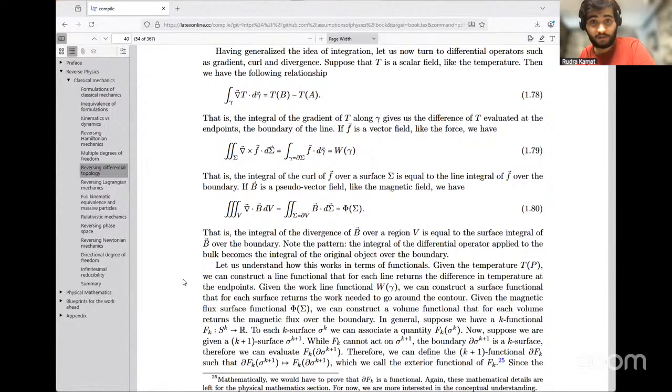That is, the integral of the divergence of B over region V is equal to the surface integral of B over the boundary. Note the pattern. The integral of the differential operator applied to the bulk becomes the integral of the original object over the boundary.